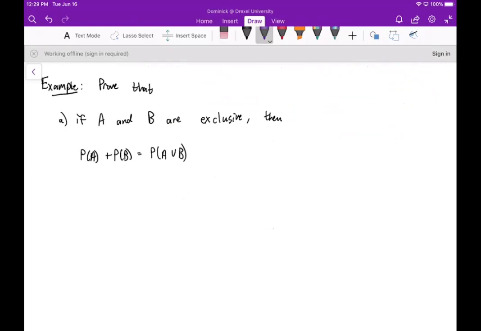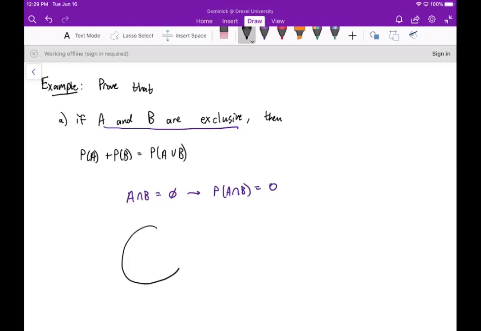Now let's think about what it means if A and B are mutually exclusive. Well, that means that A intersect B is the empty set, and of course the probability of A intersect B would be 0. Now one way that we can think of this is a Venn diagram approach.